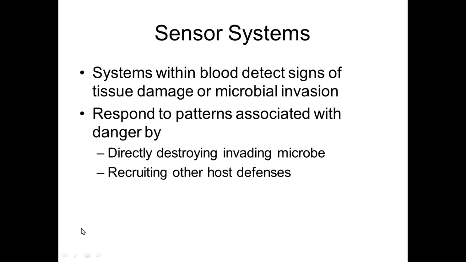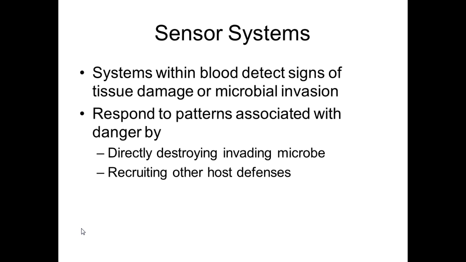Nasty little buggers, yep. So we have systems within our blood that detect signals of tissue damage or microbial invasion, right? We have to be able to sense that they've gotten in. And we rely on patterns, right? So these similar molecular components of the invaders.